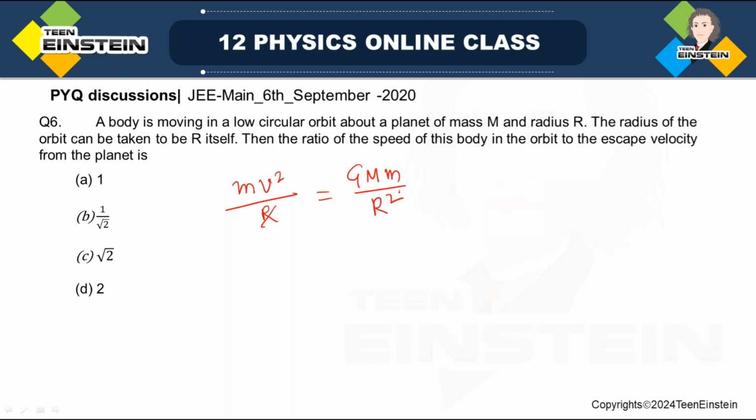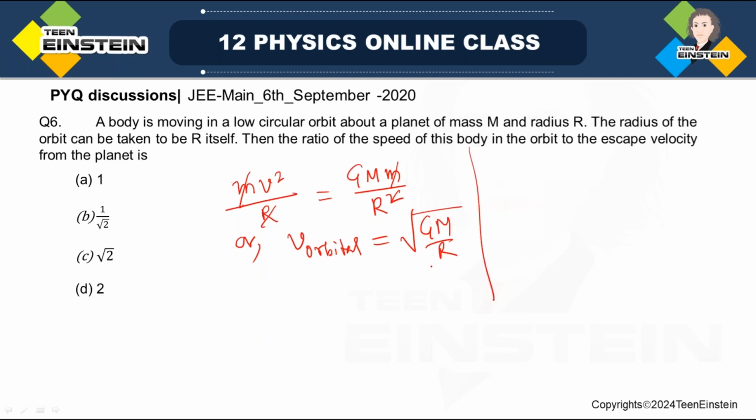Simplifying, v orbital is equal to square root of GM by r.